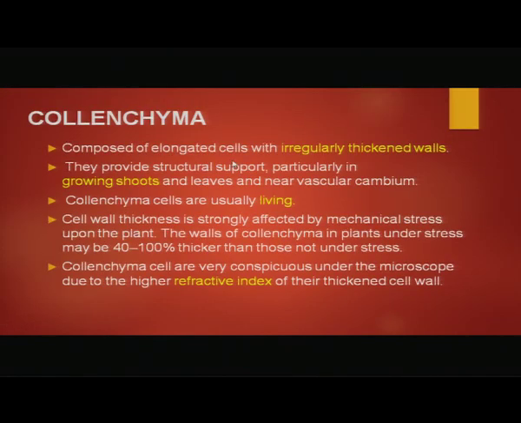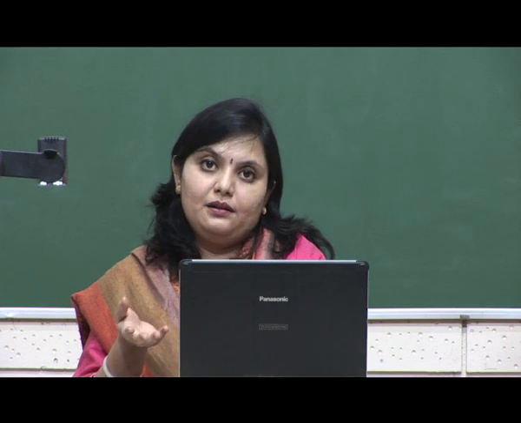So, the cells here are elongated and the cell walls are irregularly thick. Their main function is to provide structural support, especially to the growing shoots, because when the plant organ is growing up, it needs mechanical support, but it needs elasticity as well, because it has to extend.